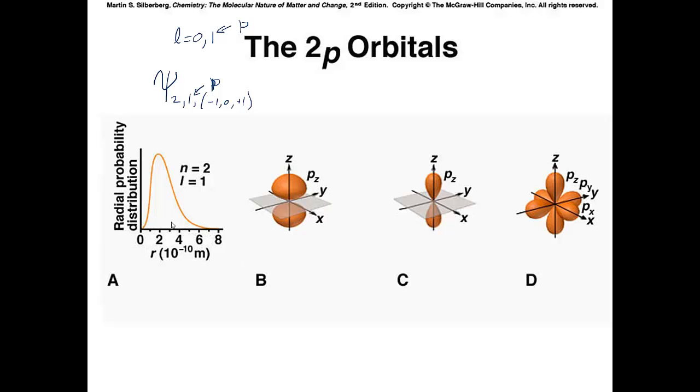It looks kind of like the radial distribution plot for the 1s orbital. It says 0 probability of finding it in the shell right at the nucleus because that shell has 0 volume. But as you move further away from the nucleus, there's a peak in probability. So this would be sort of our most probable location, right at this peak. That corresponds to a little bit higher than 2 times 10 to the minus 10th meters.